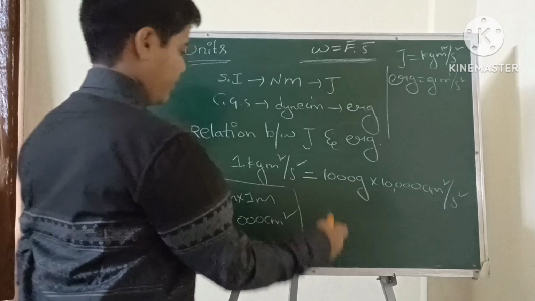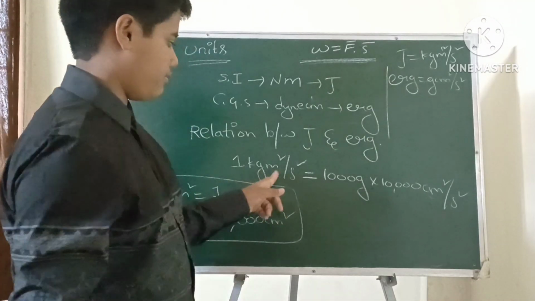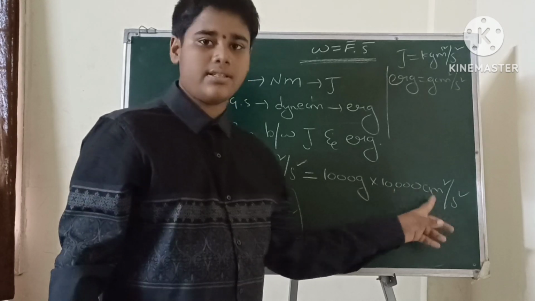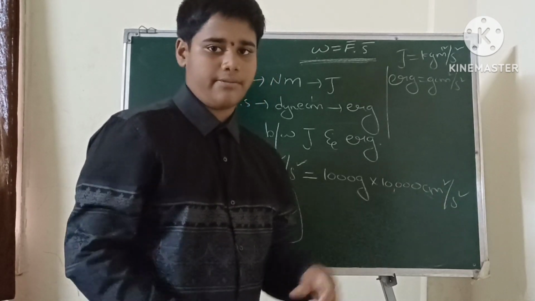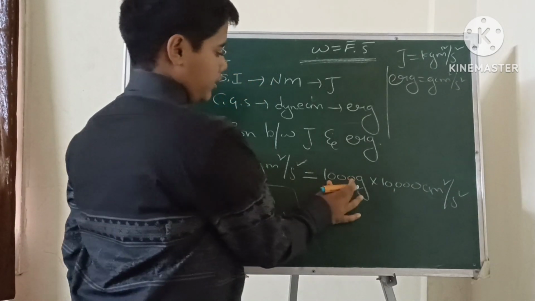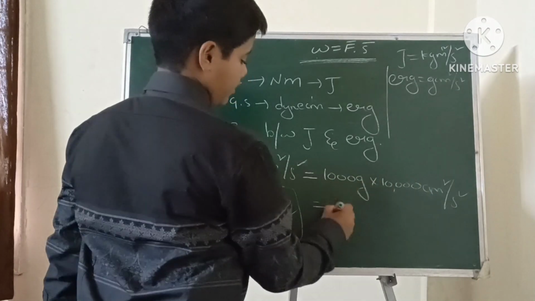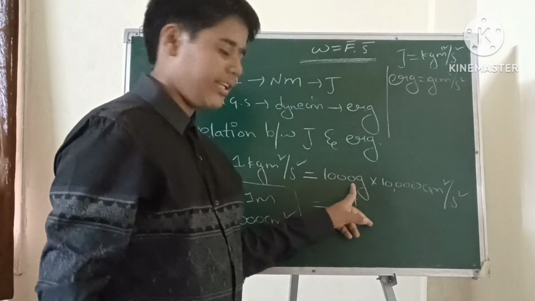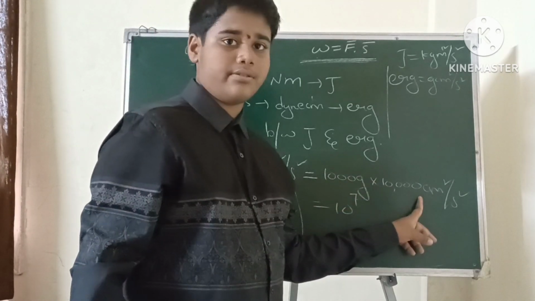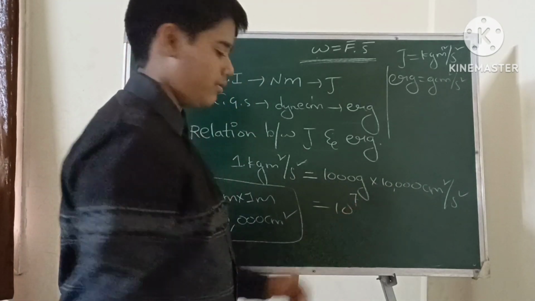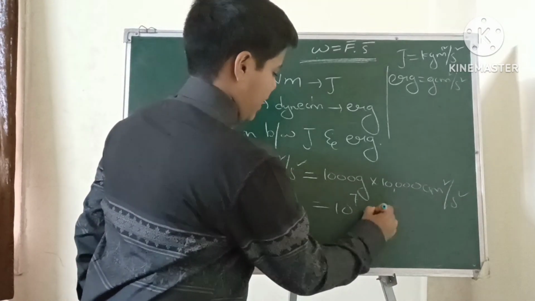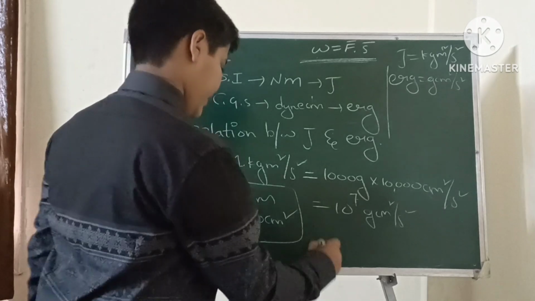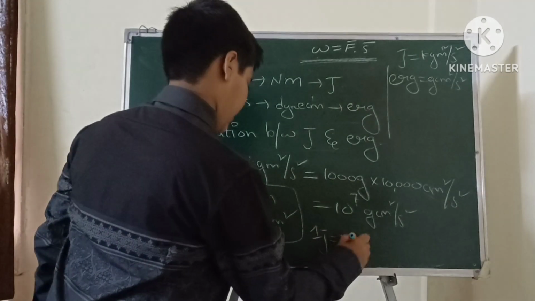So 1 kg meter square per second square means 1000 grams into 10,000 centimeter square per second square. 1000 into 10,000 means 10 power 7, a very simple method: 3 zeros and 4 zeros means 10 power 7. So 10 power 7 gram centimeter square per second square. Here 1 joule is equal to 10 power 7 erg.